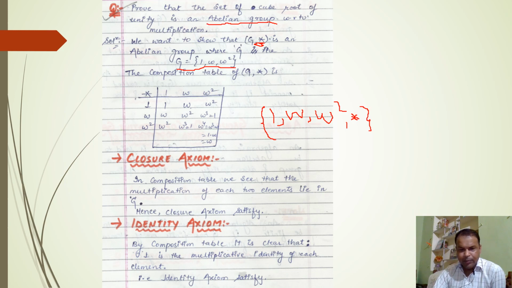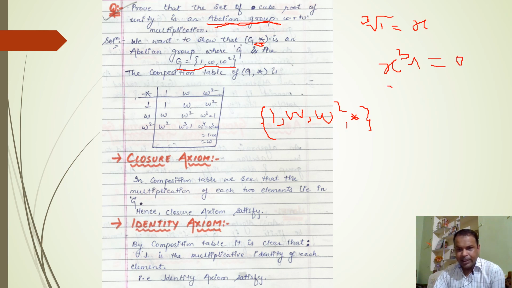It means we will prove here 5 properties. First we will understand something about omega. What will be the cube root of 1? Let us suppose the cube root of 1 is equal to x. So we can say that x cube minus 1 will be equal to 0.